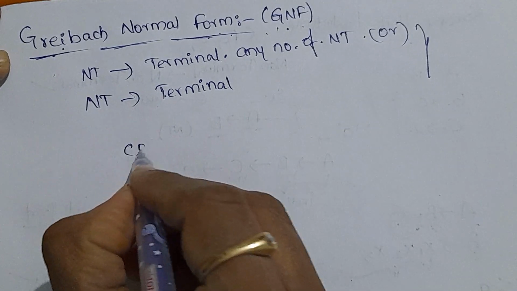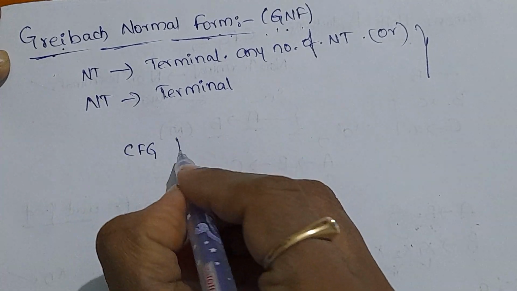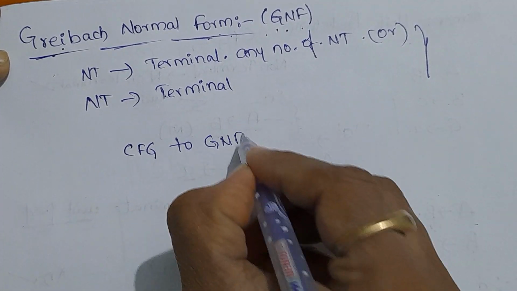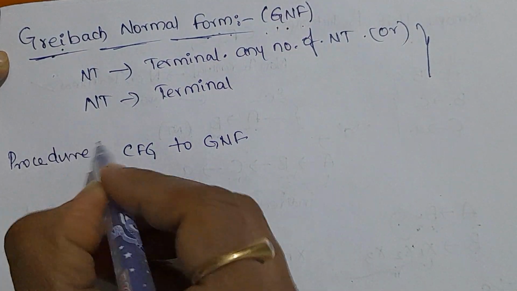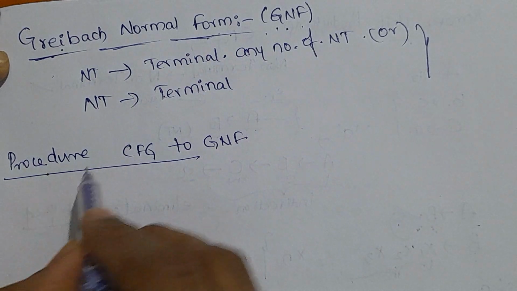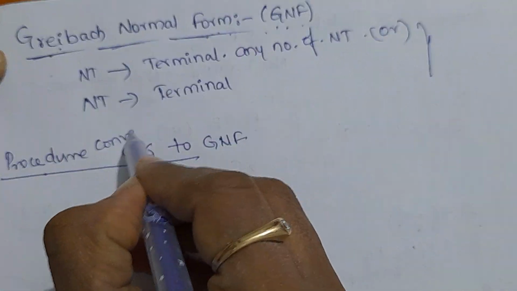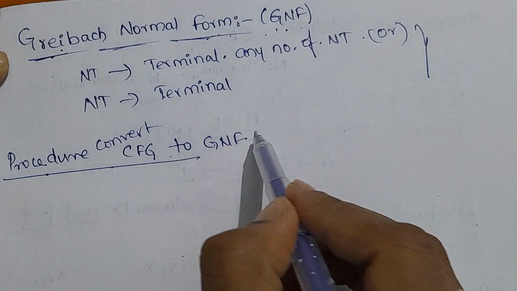Now, when a context-free grammar is given, how do we convert it into GNF? There is a procedure for converting a context-free grammar into GNF.